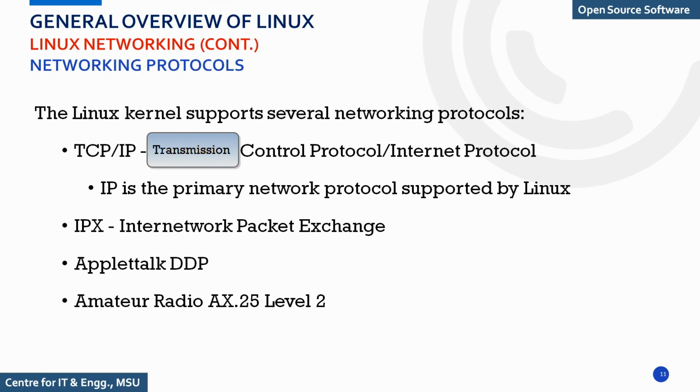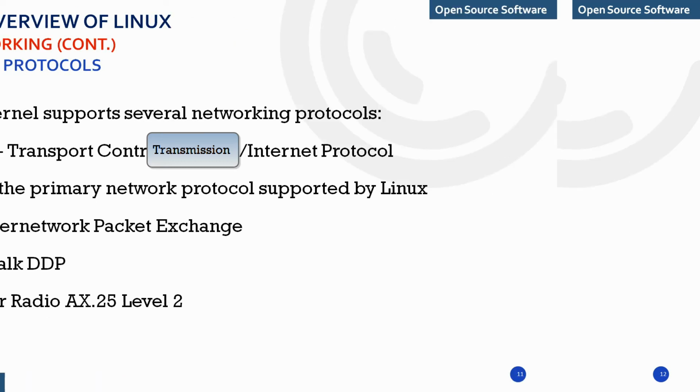The networking protocols supported in Linux are TCP/IP, that is Transmission Control Protocol and IP, Internet Protocol, IPX, that is Internetwork Packet Exchange, AppleTalk DDP, and the last protocol is Level 2 of amateur radio. And here, Internet Protocol is the primary networking protocol supported by Linux.